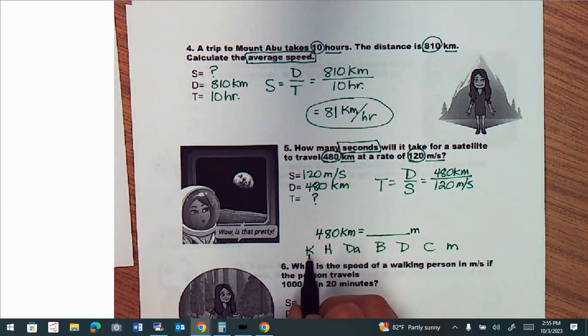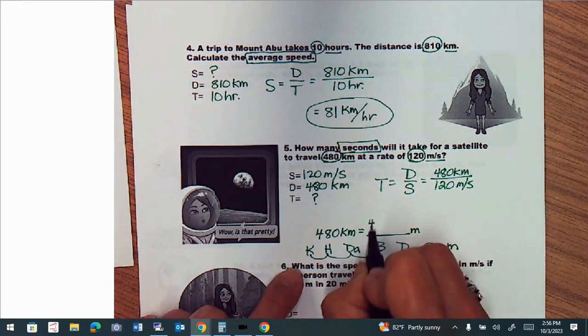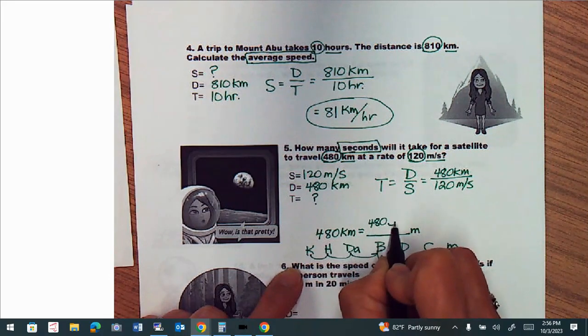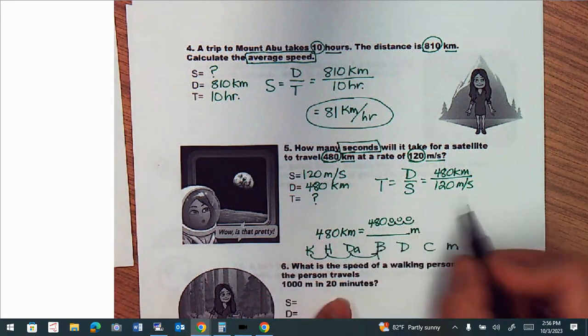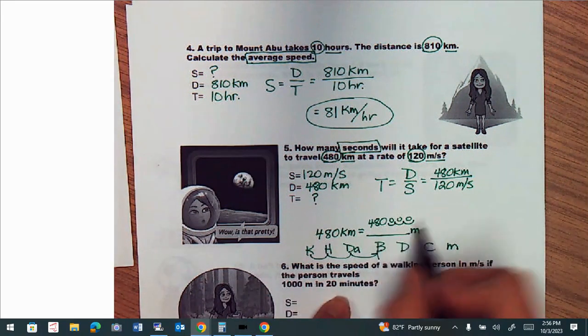Well, we're going from kilo to base unit, meters. We have to move our decimal 1, 2, 3 to the right. Okay, so that is our answer in meters.